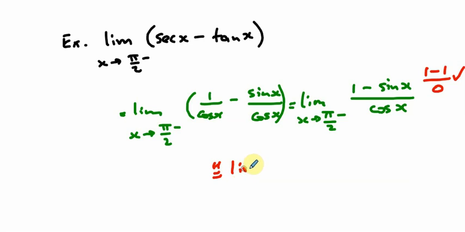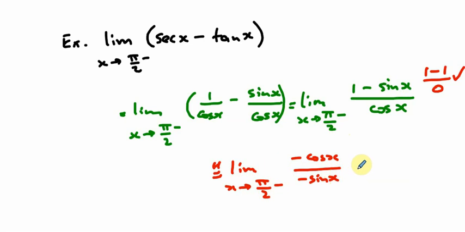So now I'm going to take the derivative of the top and the derivative of the bottom. Okay, so the derivative of 1 is 0, and then negative sine, the derivative of that is negative cosine. And on the bottom, the derivative of cosine is negative sine.